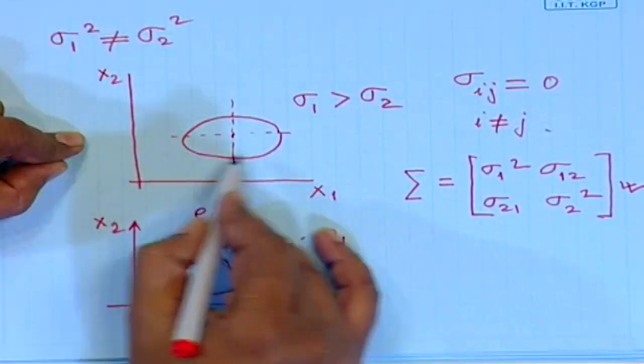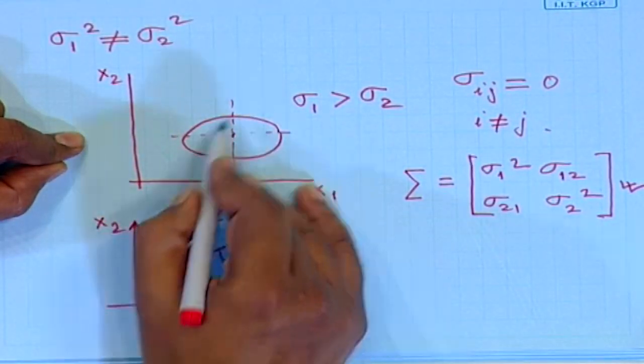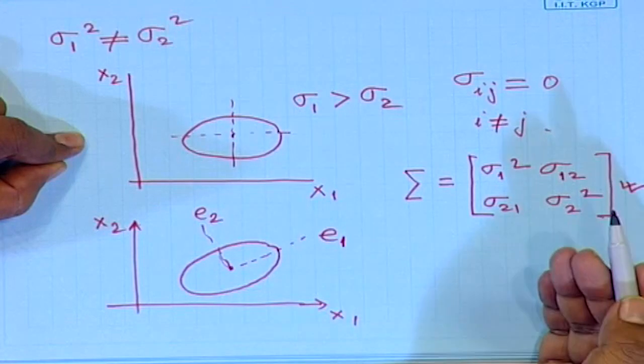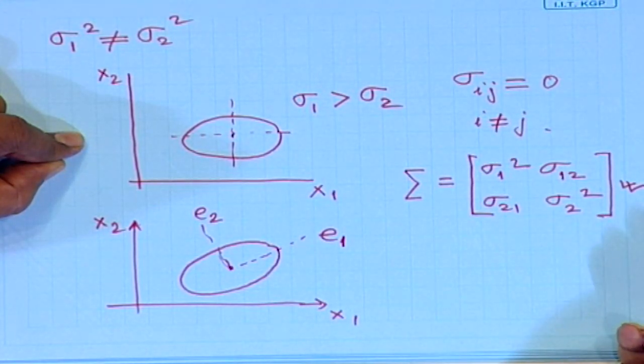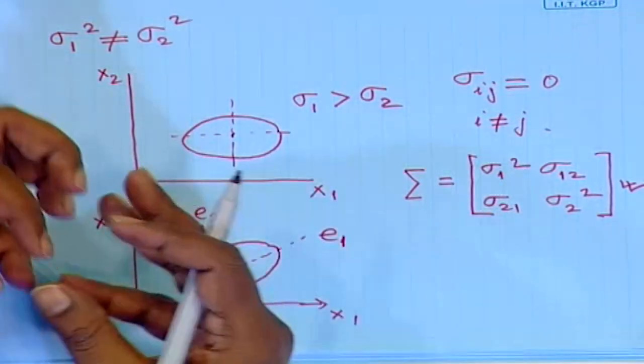They will be clustered here in the form of an ellipse. In multi-dimensional space, it will be an ellipsoid. So the points will be clustered in an ellipsoid.